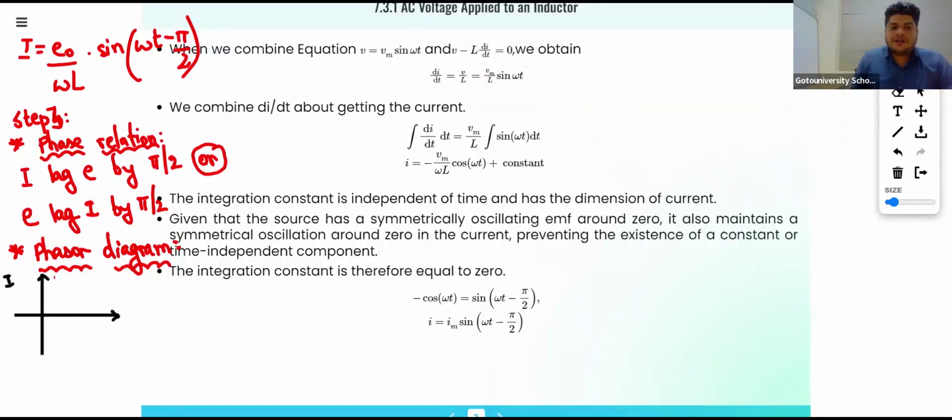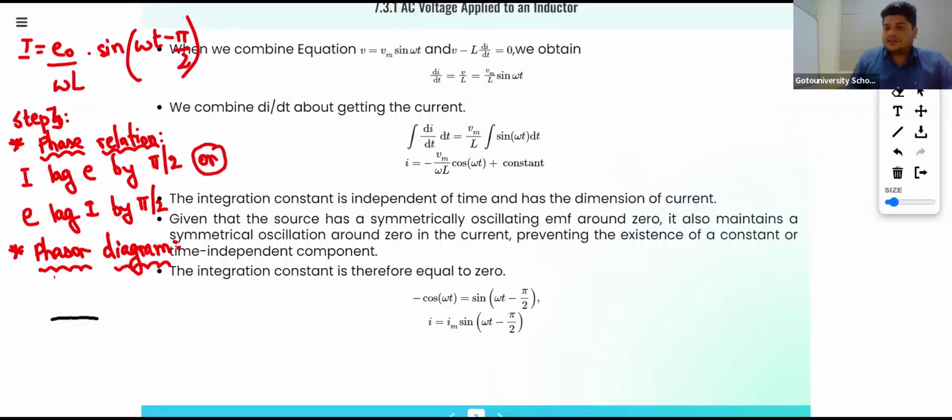Here you will have current or EMF, and here you will have time. So phasor diagram will be like this.